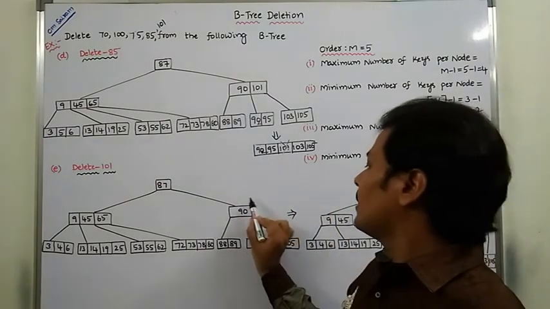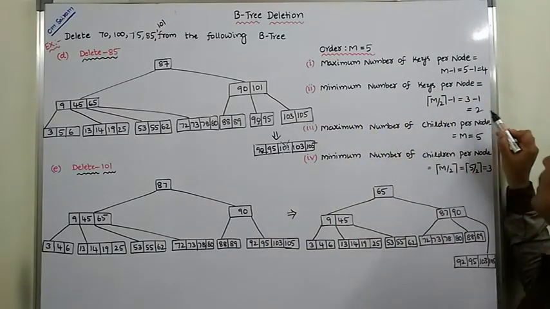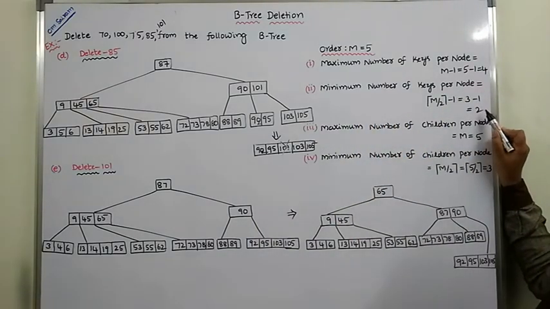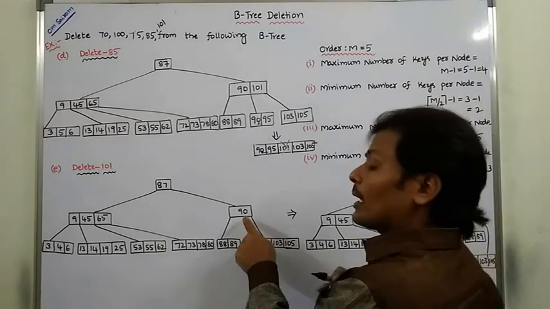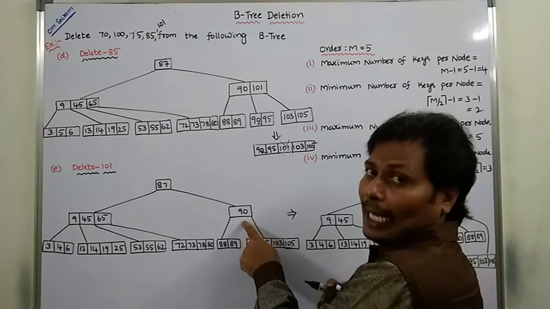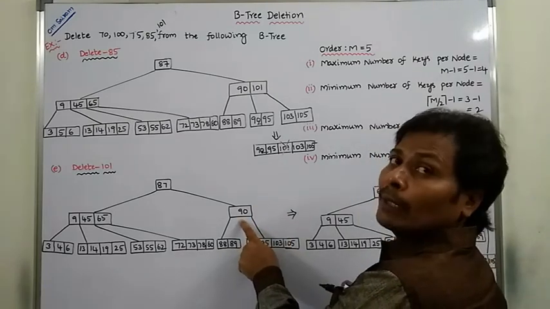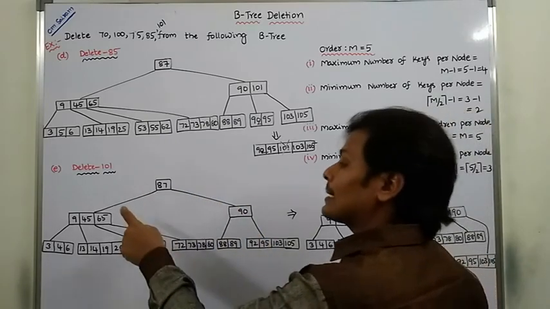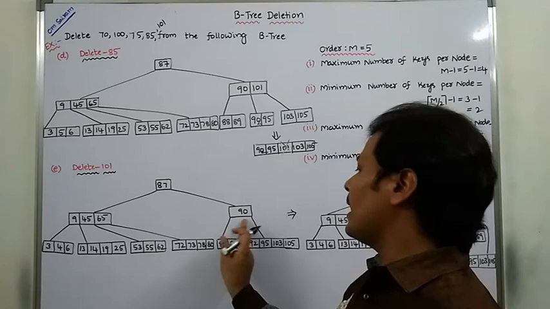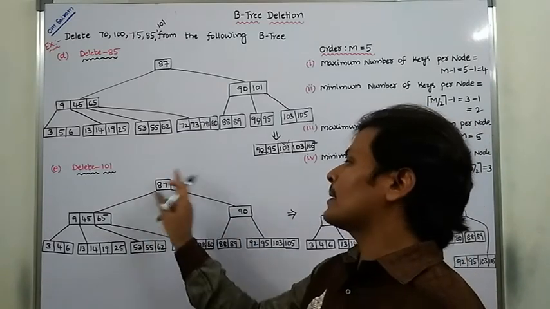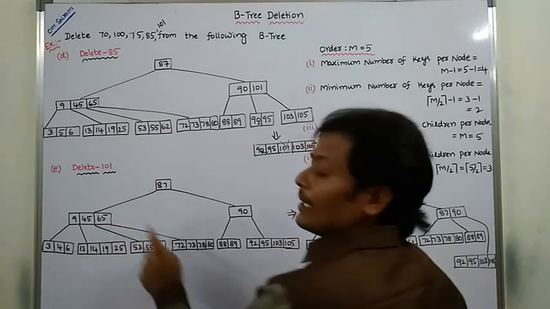But here this node contains less than the minimum number of key elements. The minimum number of key elements for a node is 2, but here this node contains only one key element. Now this node can borrow from its sibling. These two nodes have the same parent, so this node's sibling is this one.